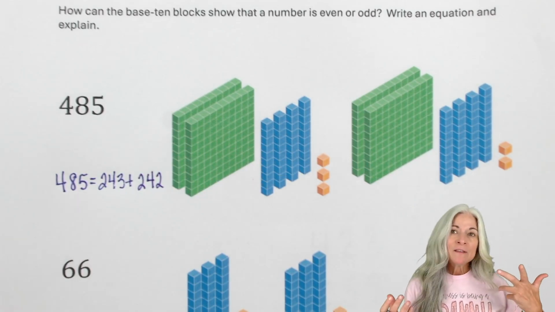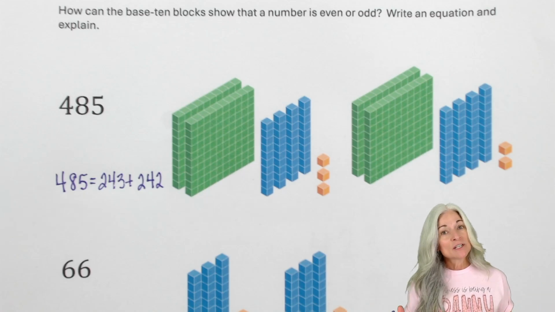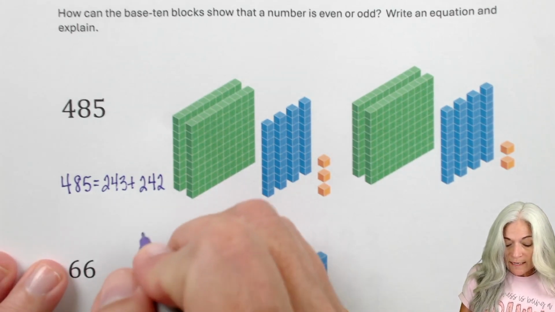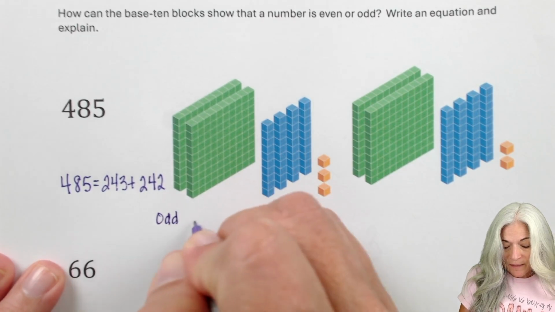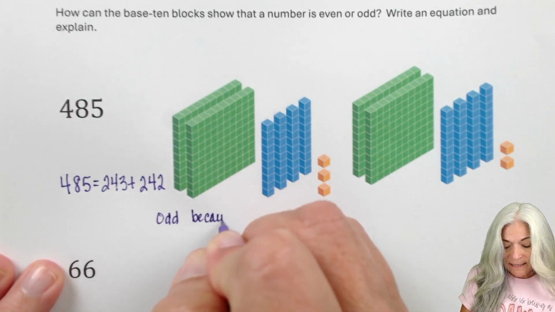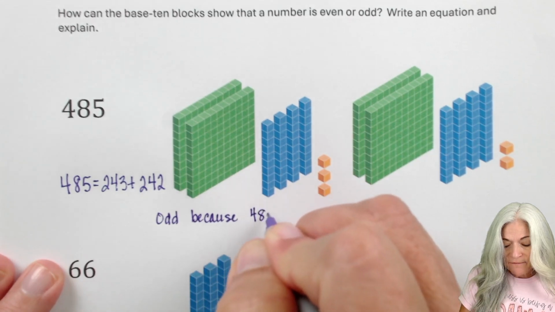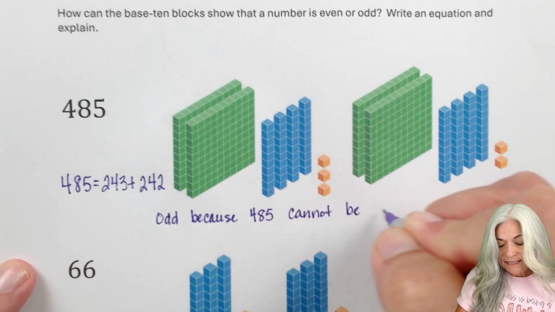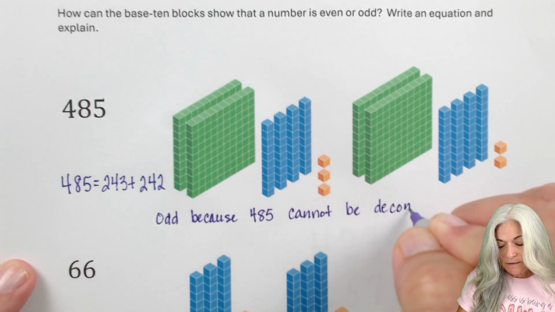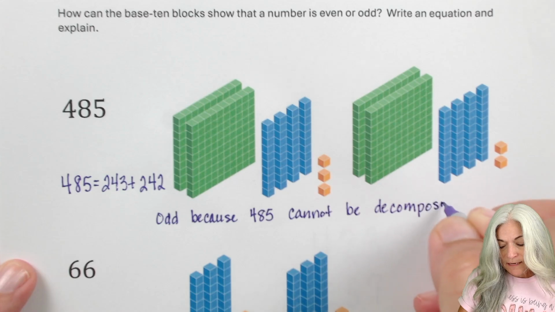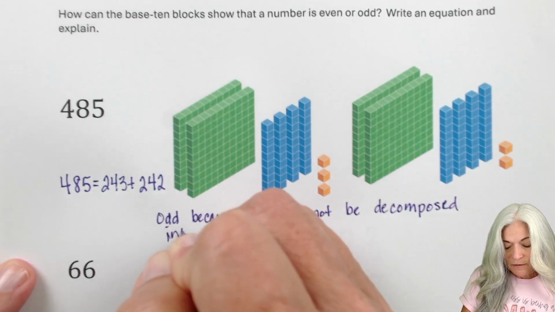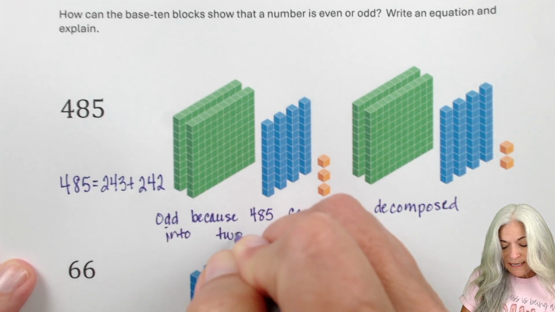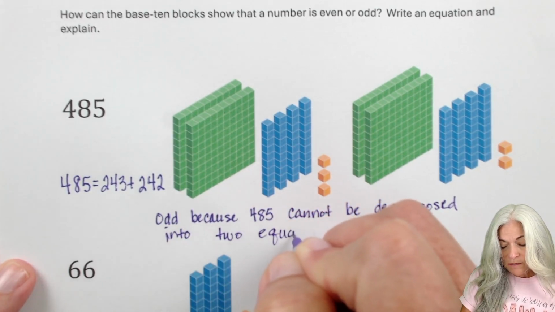And so if they're asking to explain, we're just wanting them to say, well, it is odd because 485 cannot be decomposed into two equal groups.